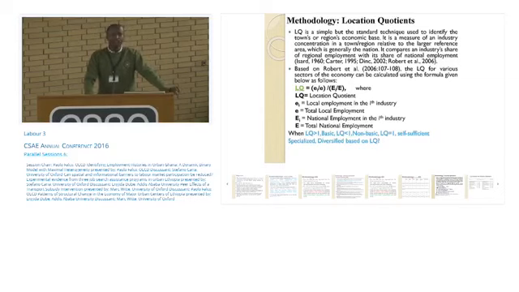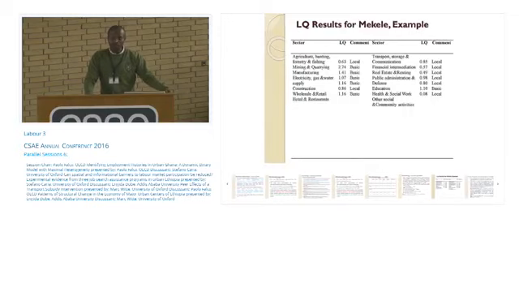So if a city has a location quotient value more than 1 in many sectors, then that city is multifunctional. If it has only 1, then only a single function is basic employment. This is computed in this way for Mekele, and mining and quarrying and manufacturing are dominantly basic sectors.